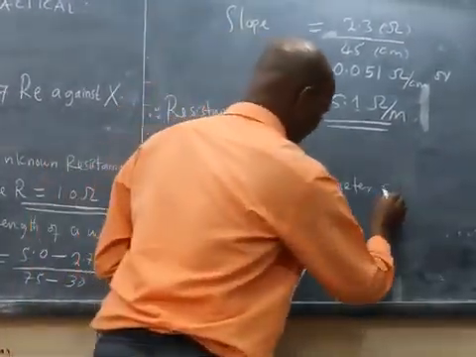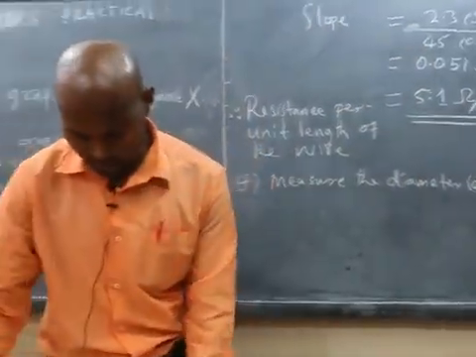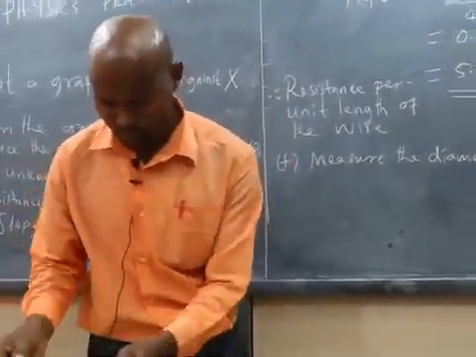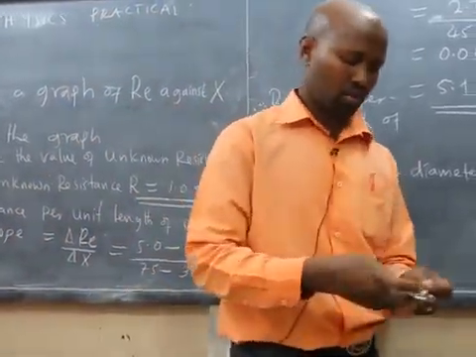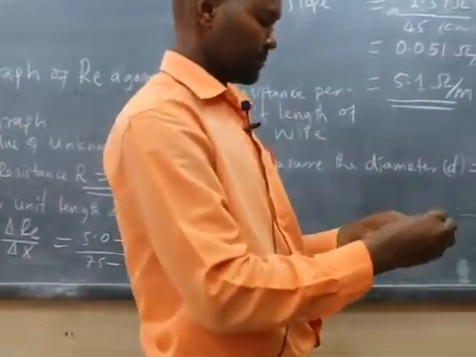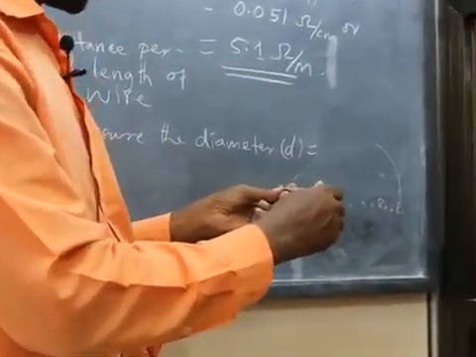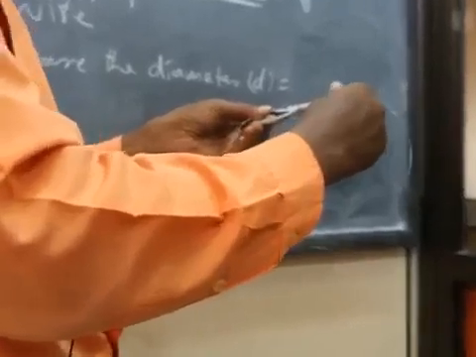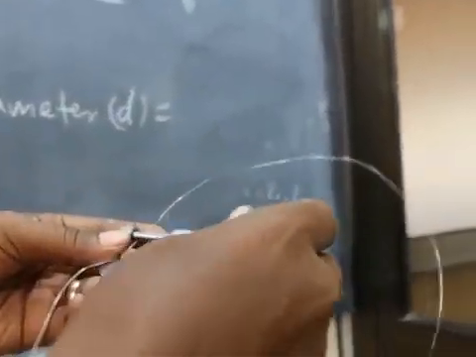Diameter D is equal to how much? Let us measure now using our micrometer screw gauge, the diameter of the wire.